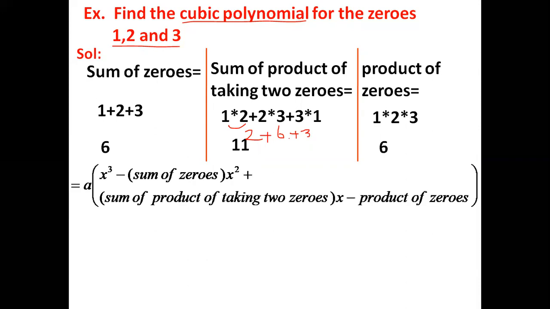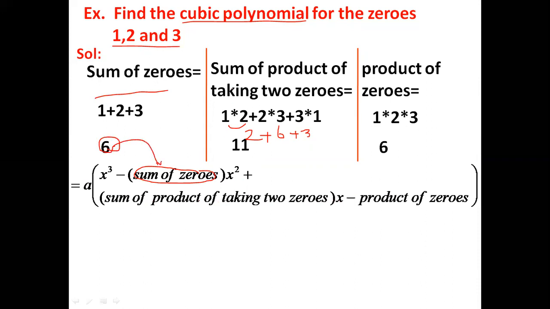The cubic polynomial is a into x cube minus sum of zeros into x square plus sum of product of taking two zeros into x minus product of zeros. Here in place of sum of zeros, you have to substitute 6.